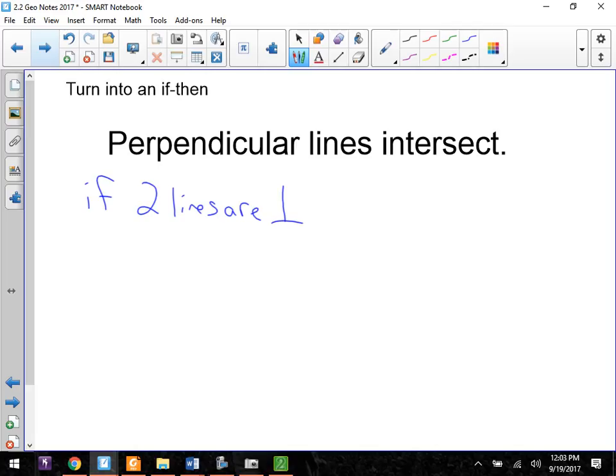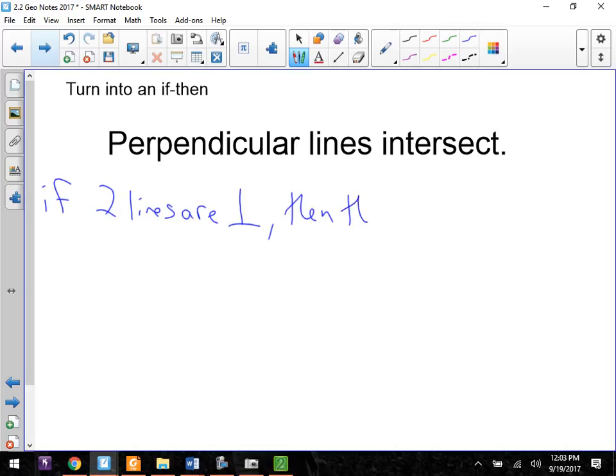Okay? That symbol stands for perpendicular. I will use that all the time. Do you remember what this symbol stands for? Parallel. So if two lines are perpendicular, then they intersect.